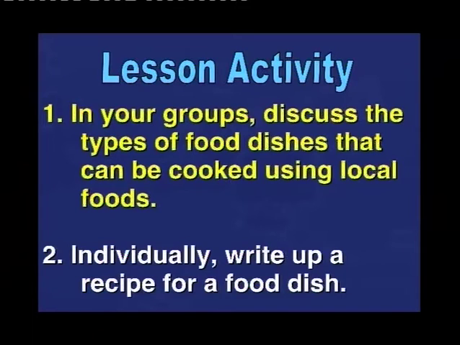Food that can be found in the area that we live. Like in your case, you live in the city, so you can decide local and commercially produced together. But Linda is using local foods for hers, okay?